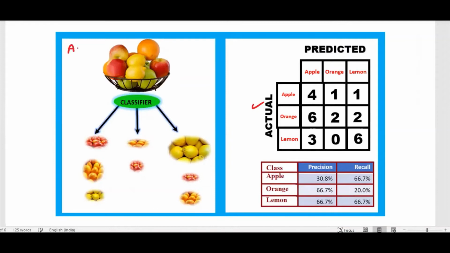And actual oranges, 6 plus 2 plus 2, 10. Lemon, 3 plus 0 plus 6, this is again 9. We have 25 in total.